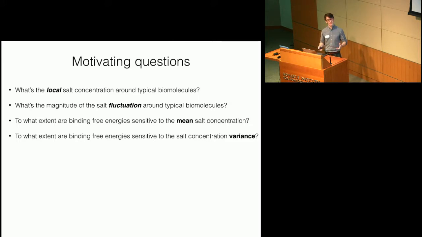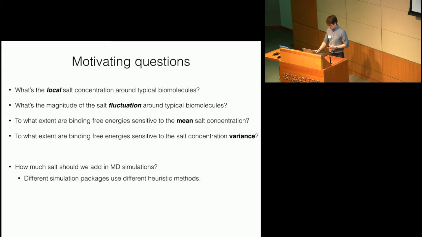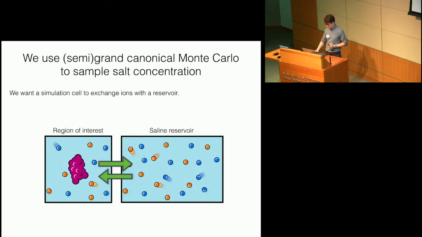To what extent are they dependent on the variance of the salt concentration? And perhaps more practically, how much should we add when we're doing molecular dynamics simulations or free energy calculations? And it's probably worth saying that different simulation packages have a totally different way of dealing with salt. So what is the best, if we could know the answer, what's the best way to add salt?